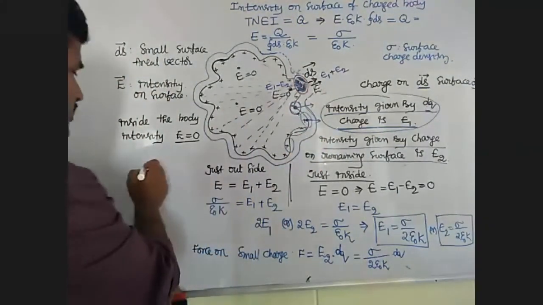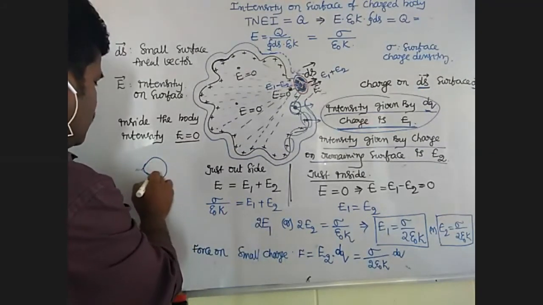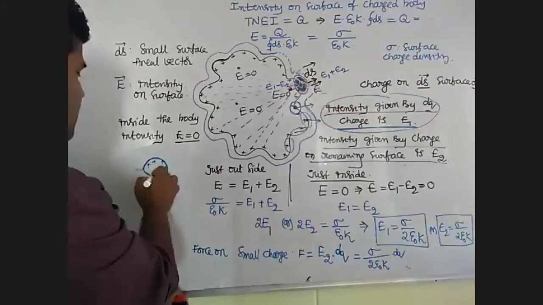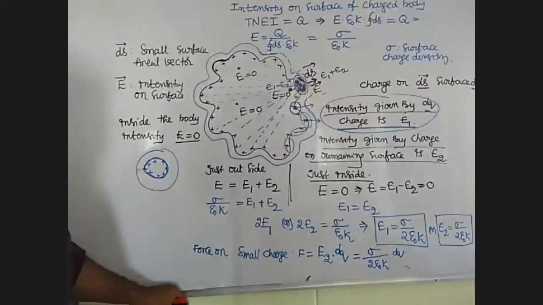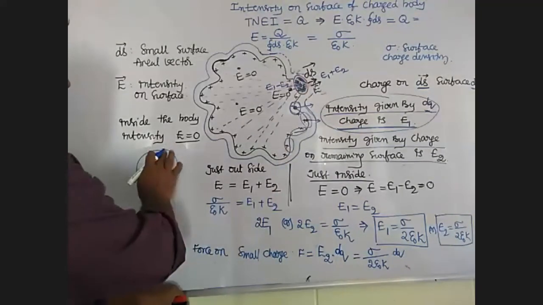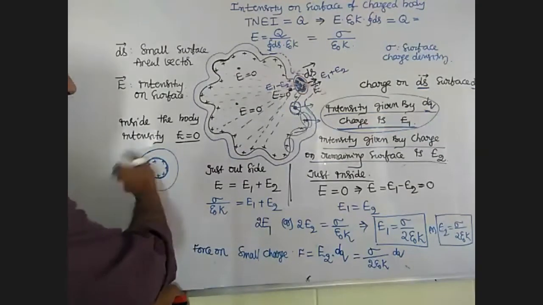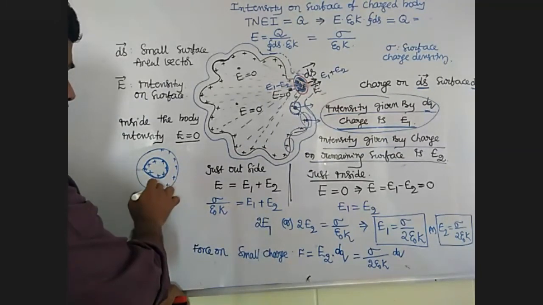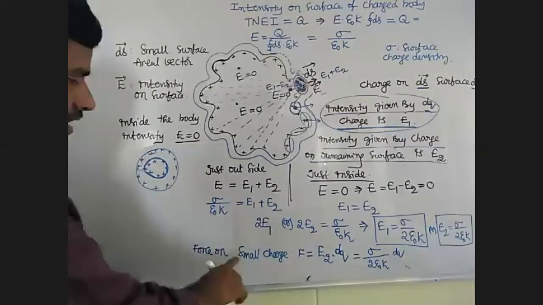So the question: charge is given to a soap bubble, what happened? When charge is given to a soap bubble, the size of the soap bubble increases, whether negative or positive charge. Any charge provided makes the soap bubble size increase.